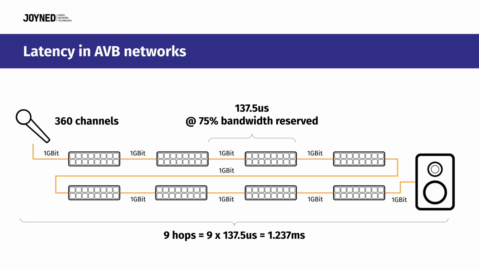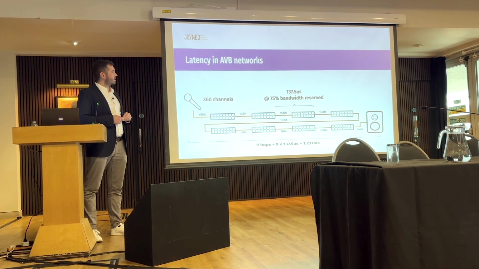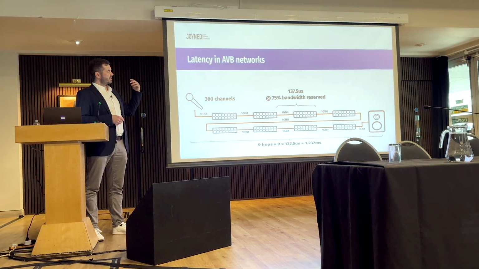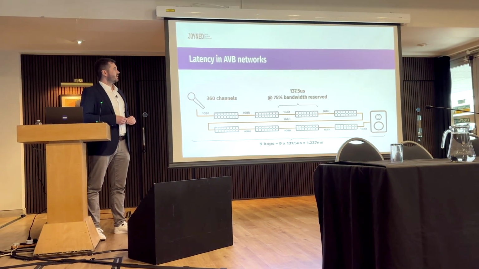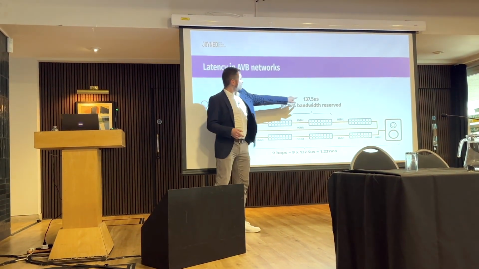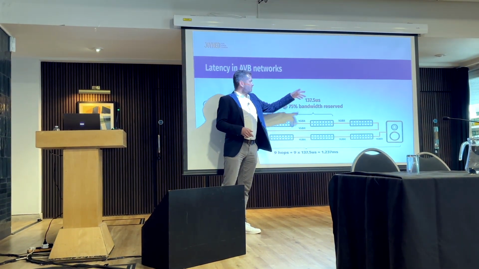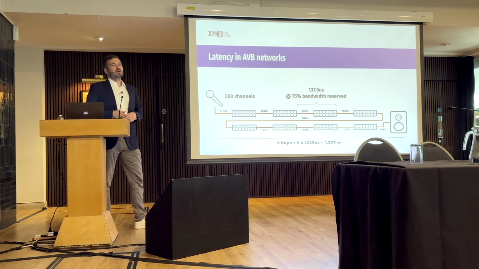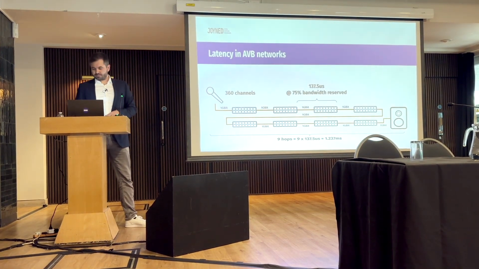That's really impressive, and that's something that is not possible if you do not have means to really reserve this bandwidth and guarantee this maximum of 137 microseconds as a rule of thumb. That's what you can use to calculate if you know how many switches you have. For each connection, for each hop, you add up this latency. That's what you have guaranteed in a Milan network.